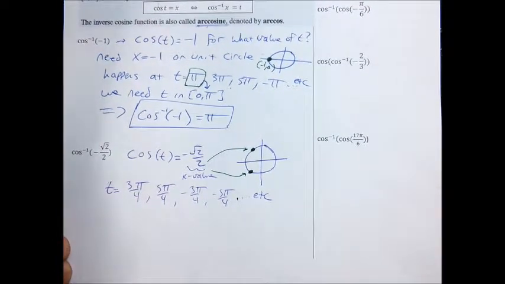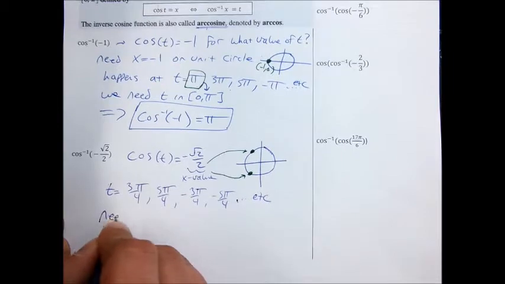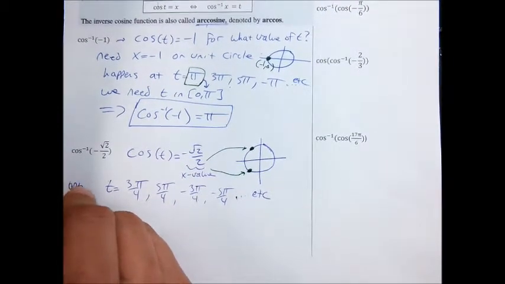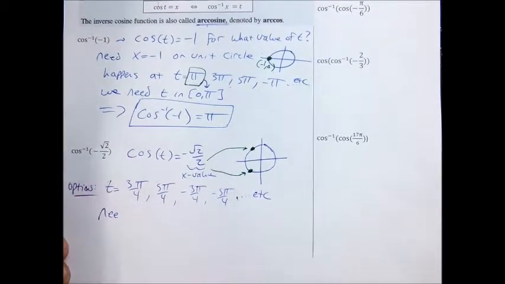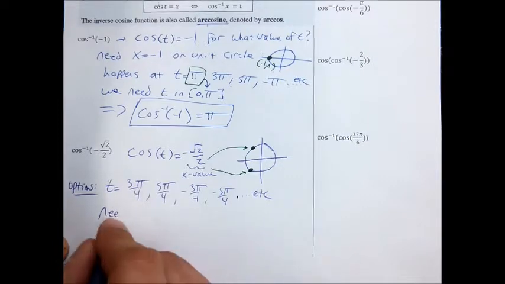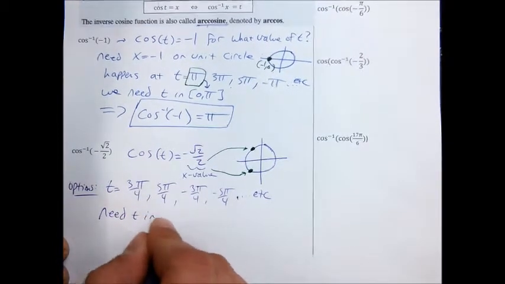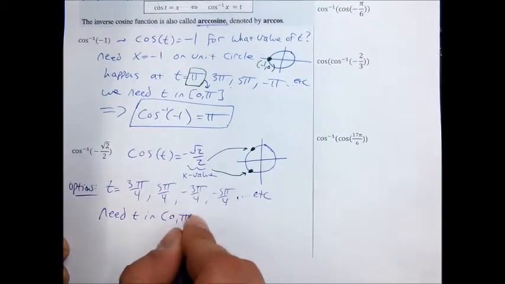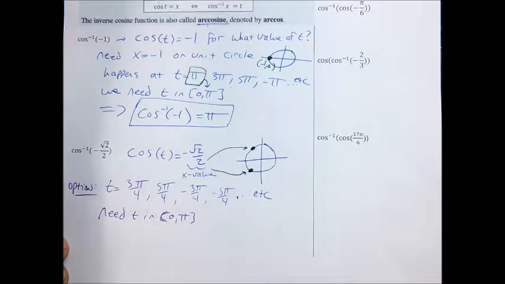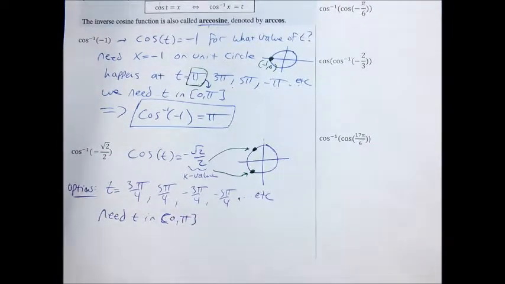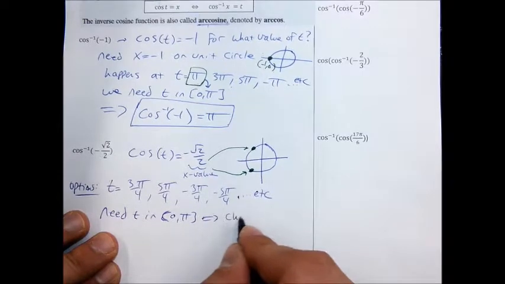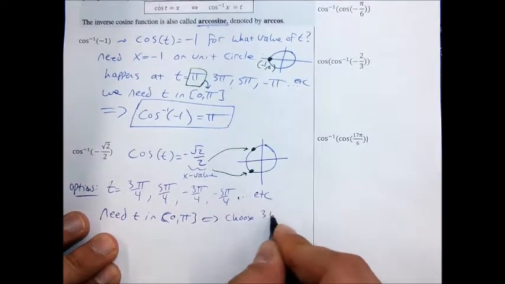Okay, so let me write some of that down. So these are our options. Let me just be clear about it. These are our options. We need t to be between 0 and pi. And so we choose the one that's between 0 and pi. So in that case, we choose 3 pi over 4.